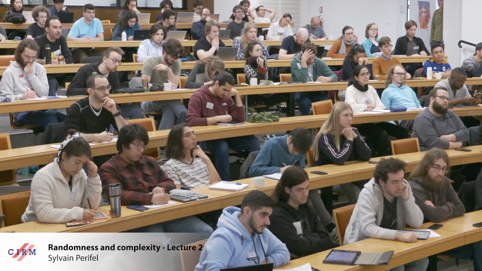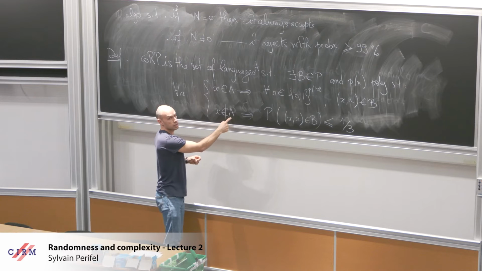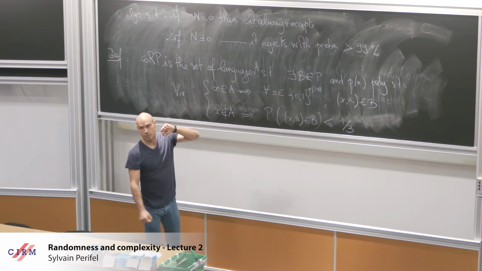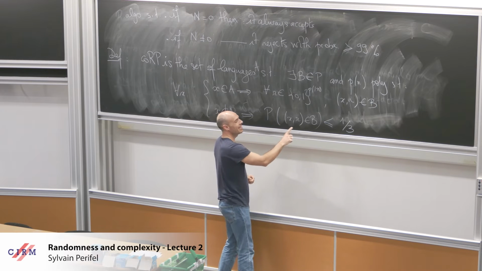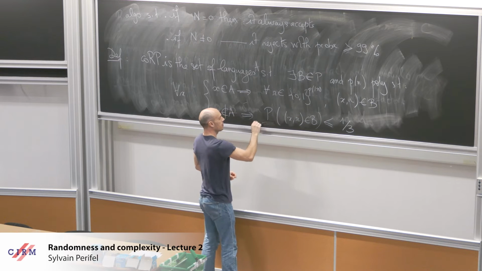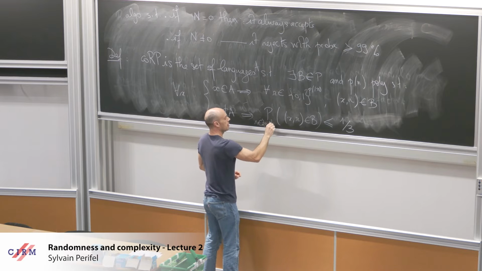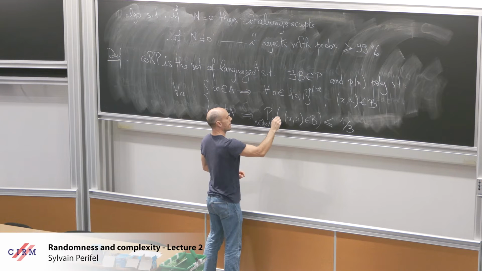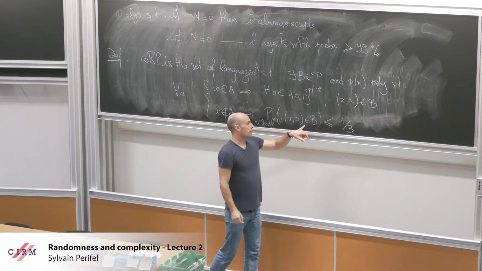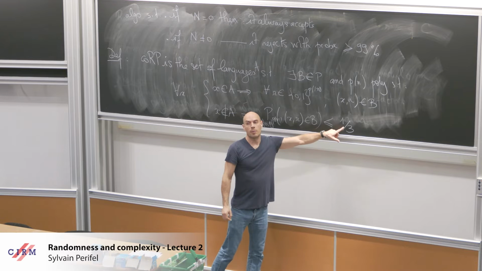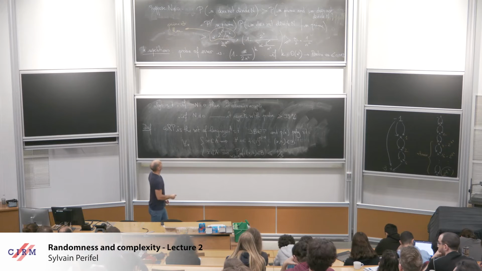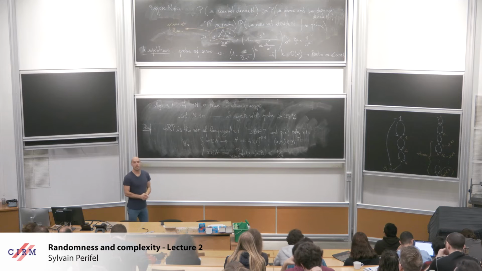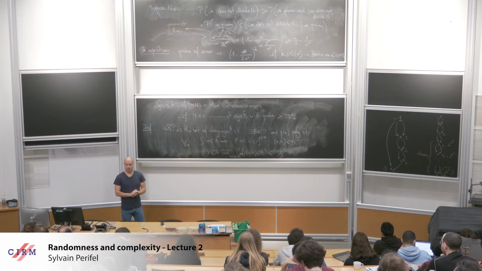On the other hand, if you are not in the language, so if n is different from 0, then with small probability over r, a word of polynomial size, you will accept. We have to reject with high probability.